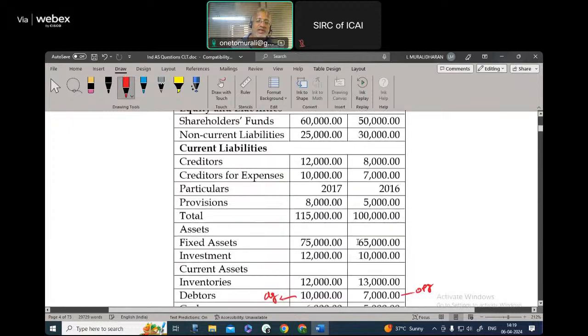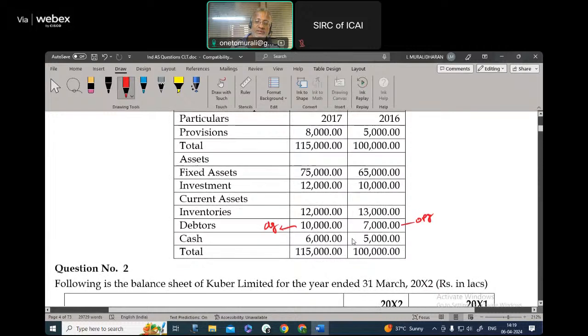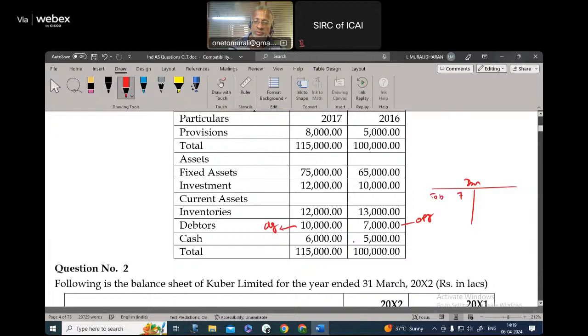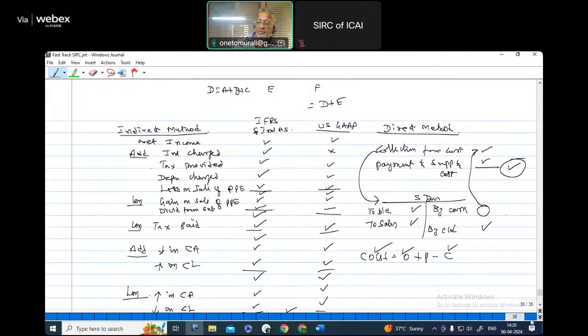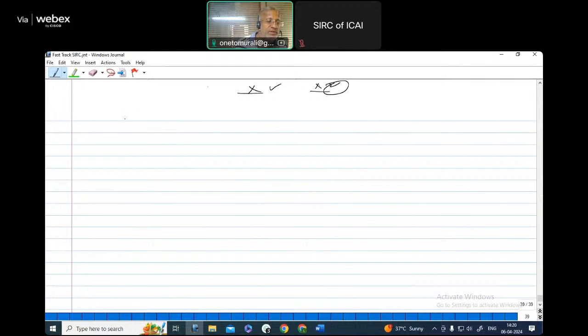So with the sales information of 5 lakhs, we can find out our debtors account. Opening balance 7,000, to sales 5 lakhs, and a closing balance 10,000. Total 507,000, so 497,000 by cash. Okay. So we shall try in this fashion.